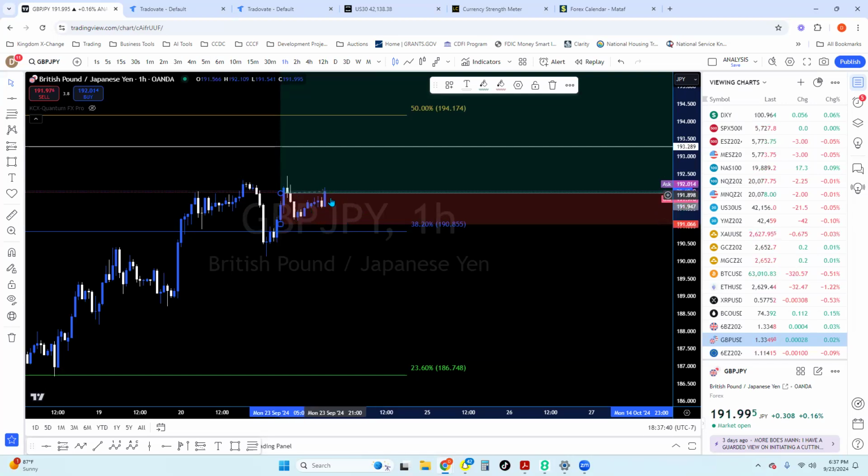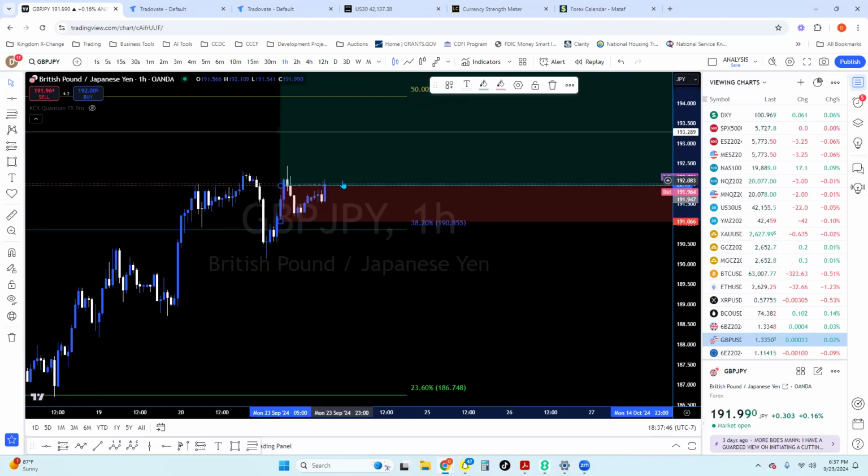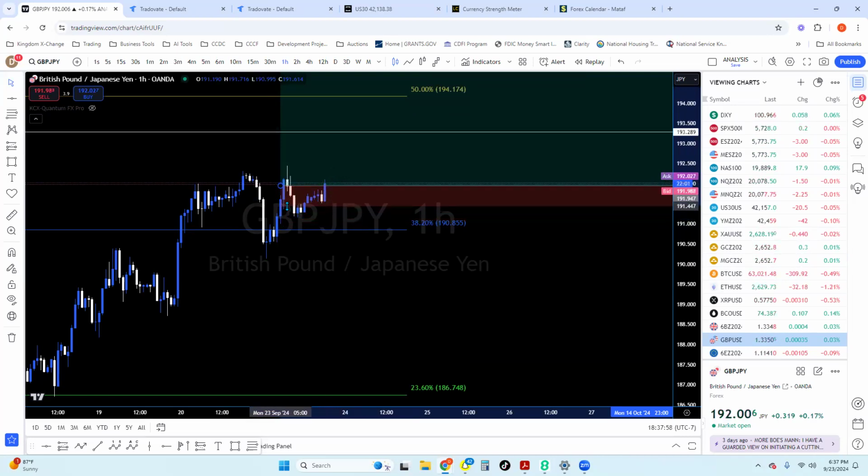My entry is so tight that when I go to my stop loss, I'm not even tripping. To be honest with you, I could even go as far as to come here and say this is my stop loss, depending on what my entry analysis was.